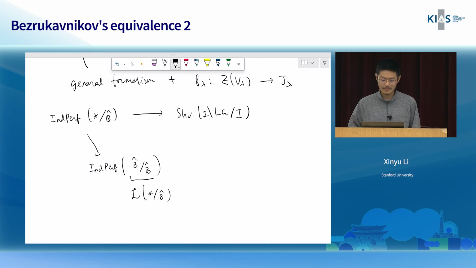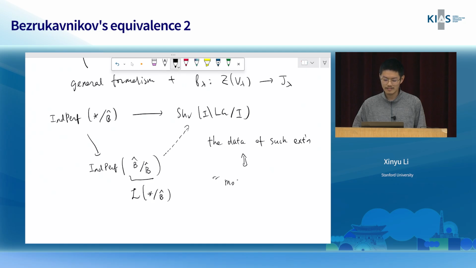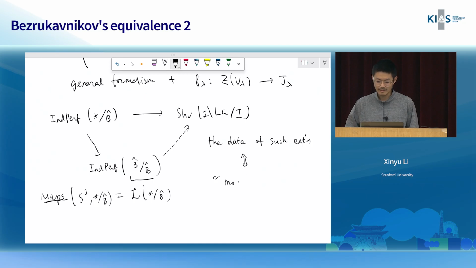But it's not quite, because it's in the category of commutative algebras, not just as a monoidal category. But modulo that subtlety, the data of such an extension should correspond to some monodromy automorphism along S1. So this can be understood, let me introduce another notation, as maps from S1 to point mod B hat. Then the data of such an extension should correspond to some monodromy automorphism along S1.